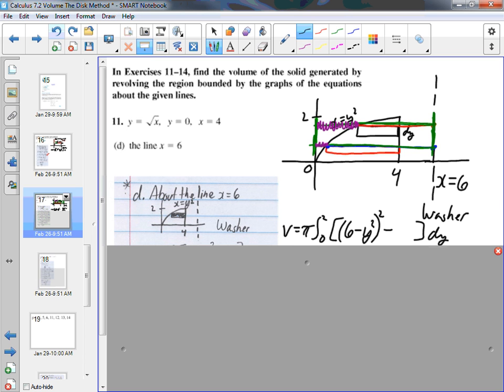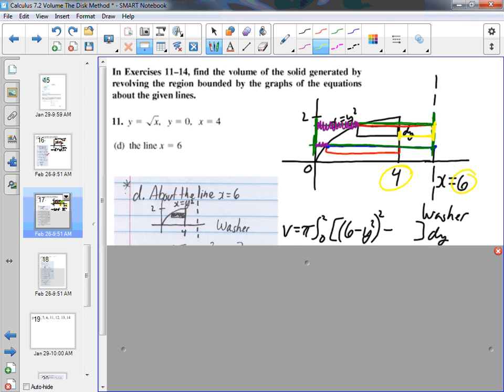Minus. Okay, I'm running out of colors. The inner radius starts at the axis of revolution, goes to the closest edge of the rectangle, the near edge. What's that distance? 2. But I got it by subtracting: 6 minus 4.